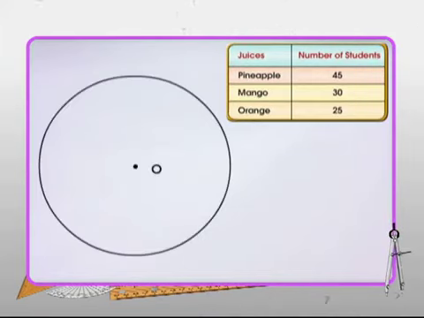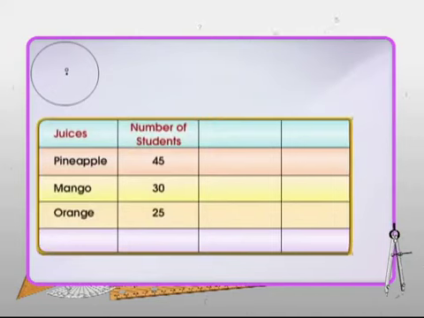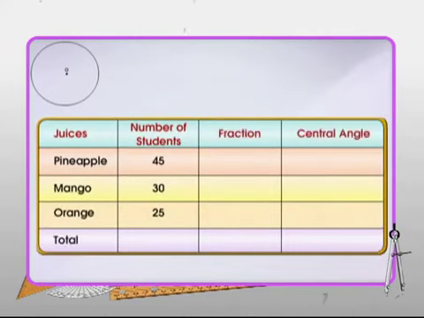First, draw the circle with center O. Now the total angle at the center of a circle is 360 degrees. We need the central angles corresponding to each sector. The total number of students is 100. The number of students who like pineapple is 45.